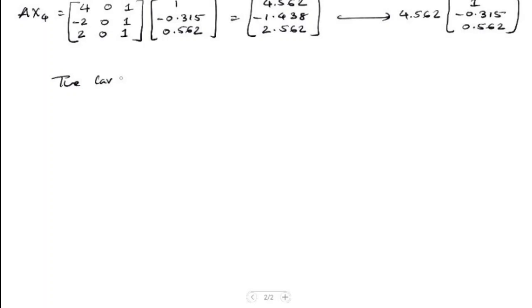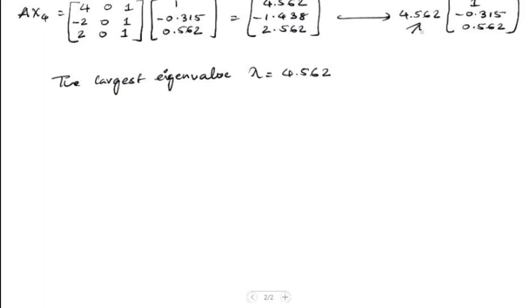So now we can say that the largest eigenvalue of matrix A is lambda equal to 4.562.